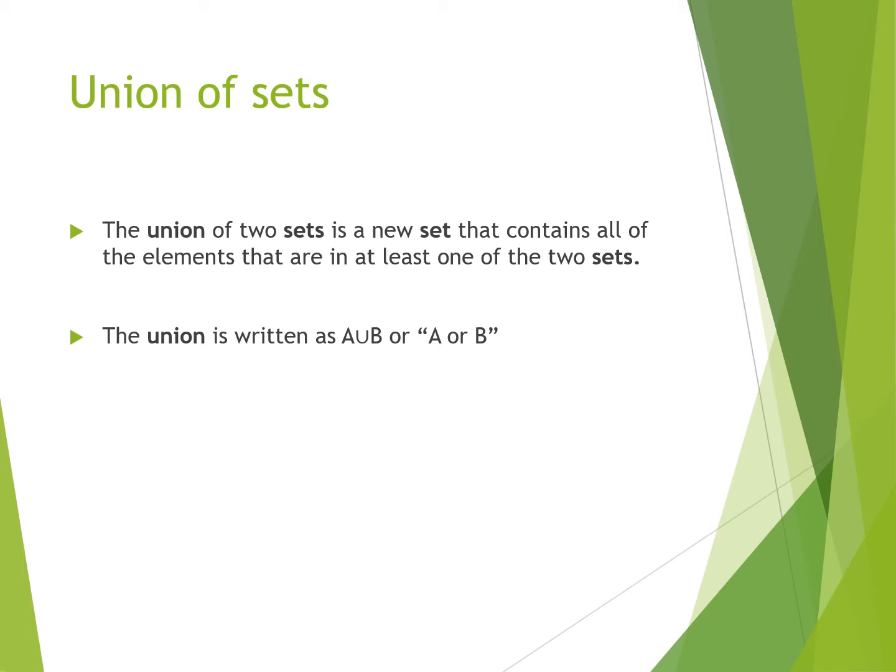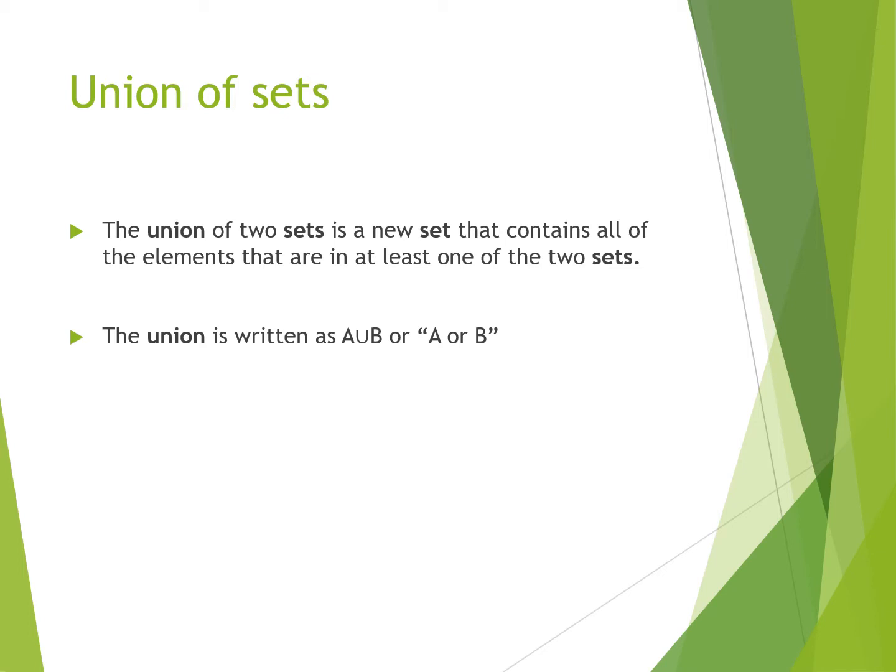Let's start with union of sets. What is the union of sets? The union of two sets is a new set that contains all the elements that are in at least one of the two sets. In other words, you combine the two sets together to get the union of sets, right?